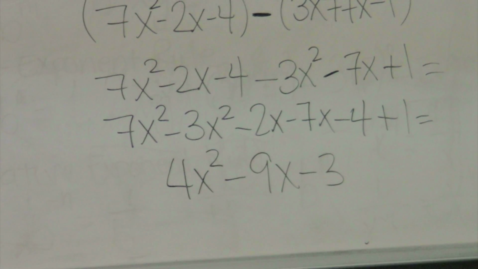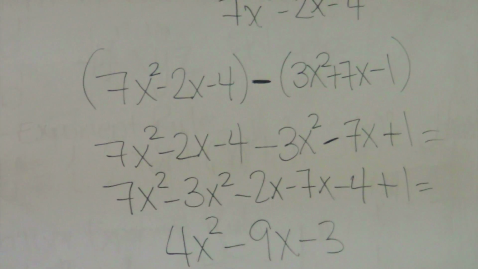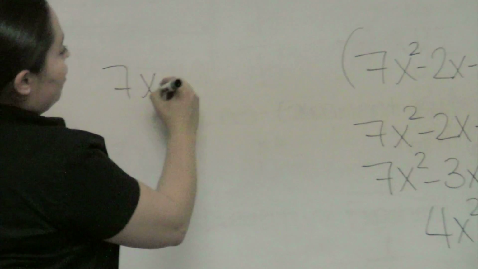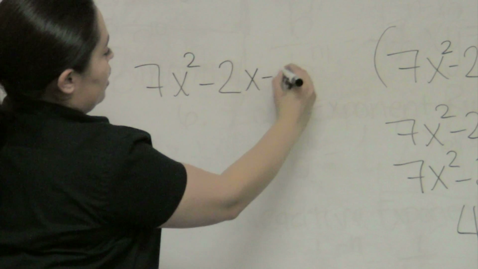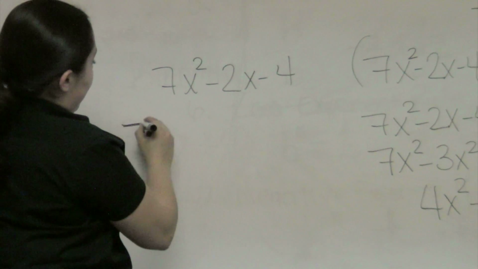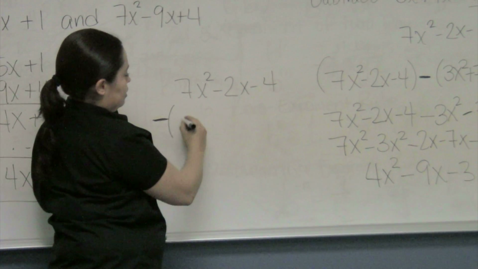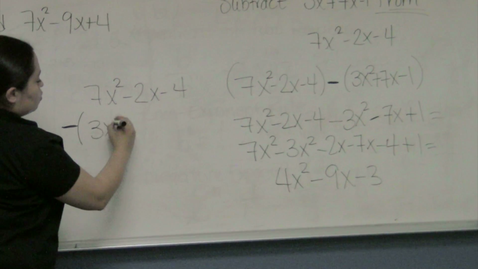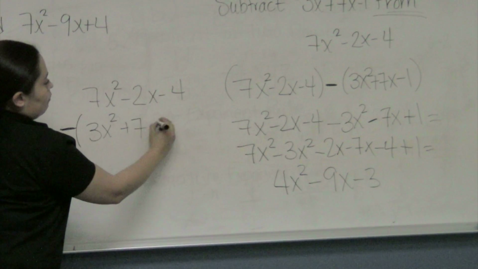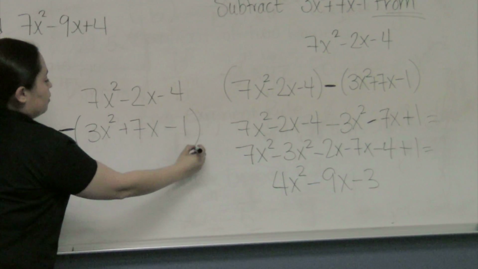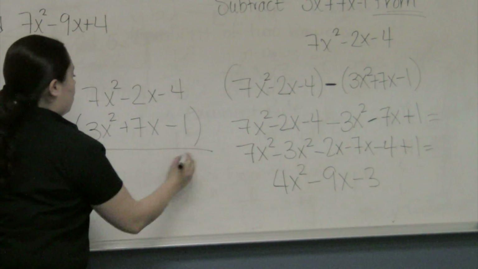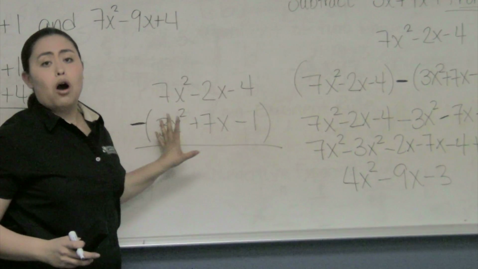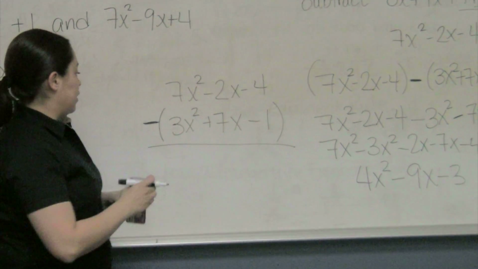Now, if we use the horizontal form, you would have 7x squared minus 2x minus 4 minus parentheses. Don't forget to put the parentheses. You have 3x squared plus 7x minus 1. Well, in order to get rid of the parentheses, we need to change all the signs inside of it.